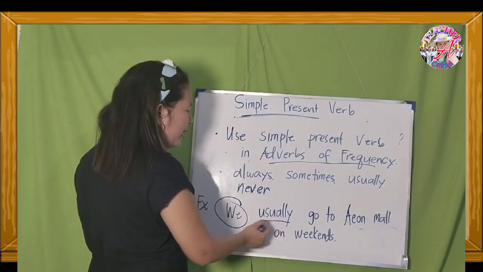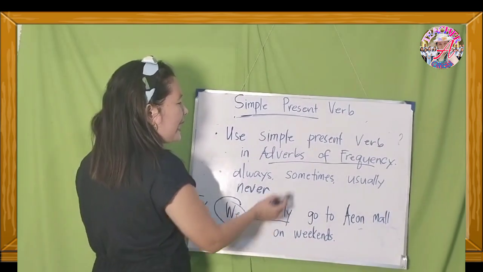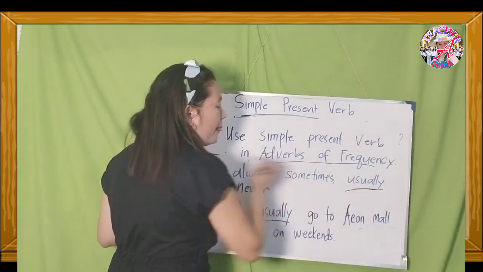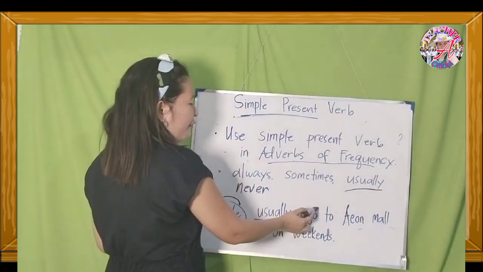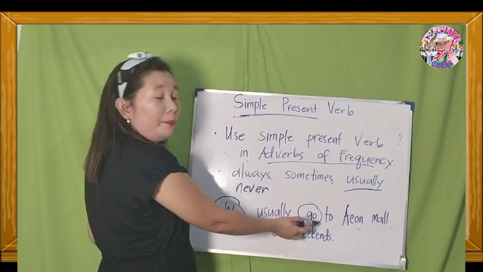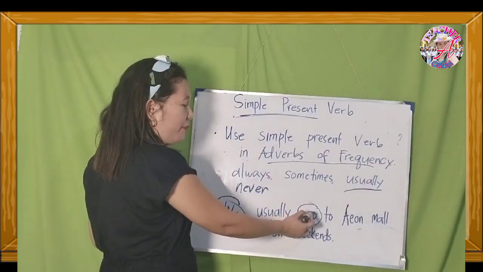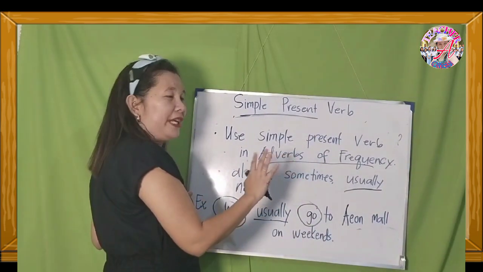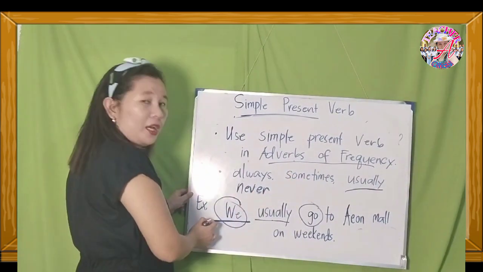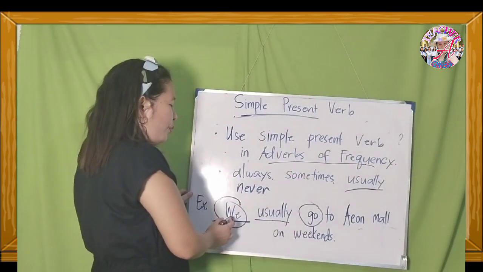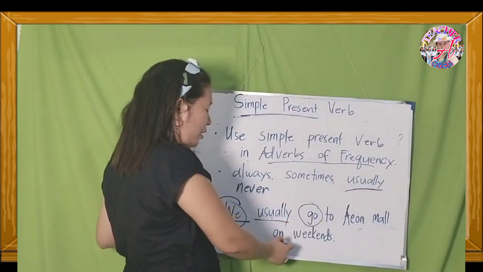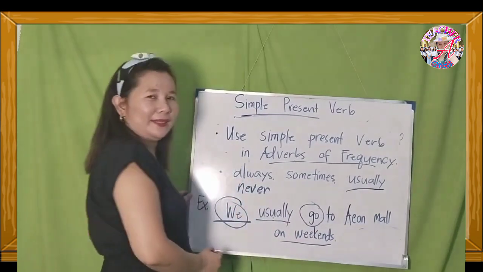We usually here is the adverb of frequency. The verb is in the base form. Plural form, base form, no S or ES, because our subject is plural. We usually go to Aeon Mall on weekends.